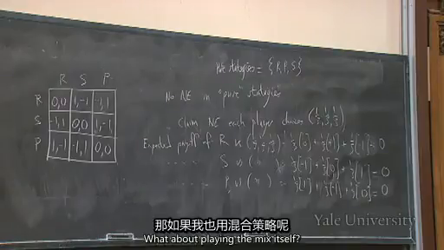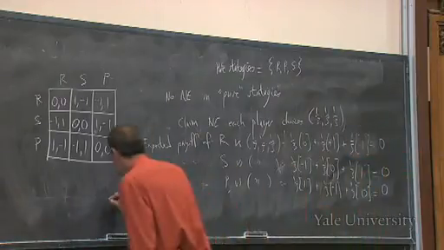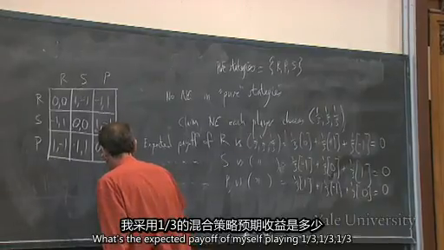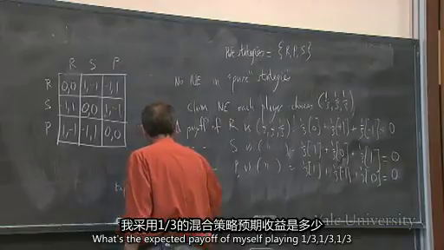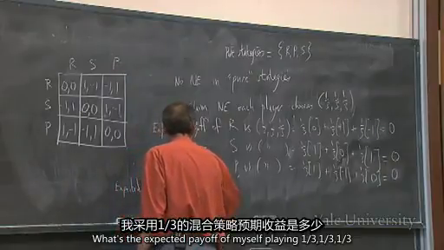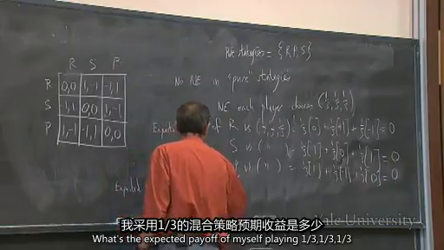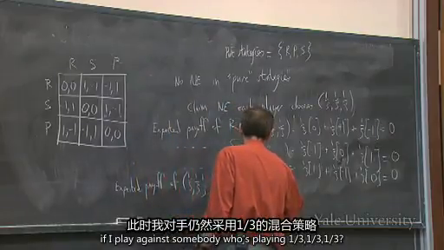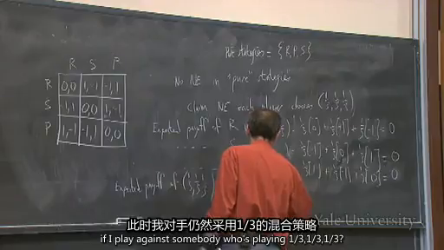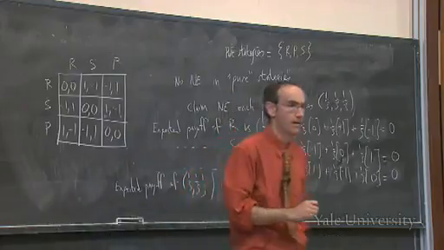All right? What about playing the mix itself? What's the expected payoff of myself playing a third, a third, a third, if I play against somebody who's playing a third, a third, a third? Right?